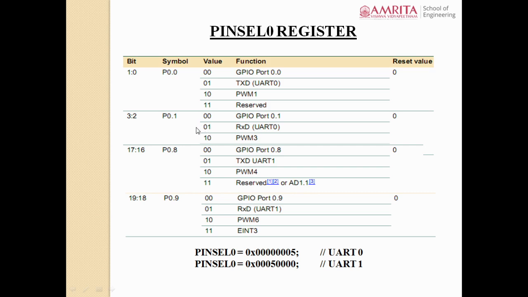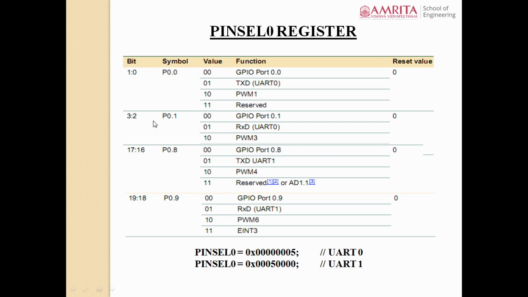But if you write 0, 1 to the next 2 bits, that is bit number 3 and bit number 2, so bit number 3 will be 0, bit number 2 will be 1, you are configuring P0.1 as RXD pin. So by writing 0, 1 to bit number 1, 0 and 0, 1 to bit number 3 and 2, you can configure P0.0 and P0.1 as TXD and RXD.